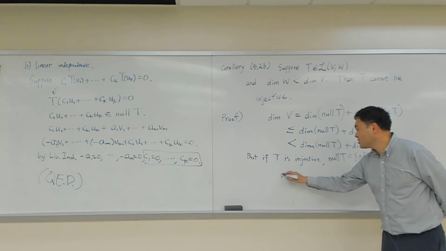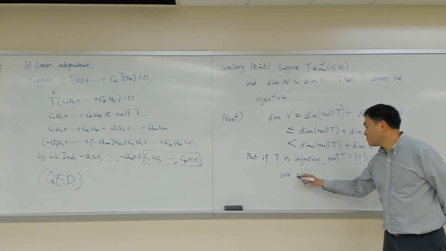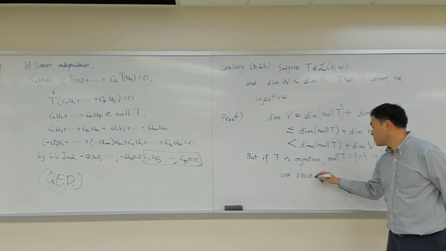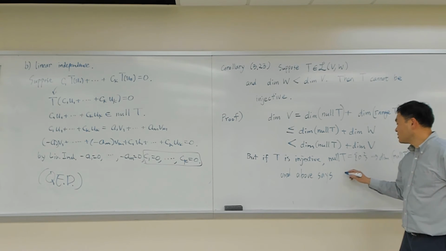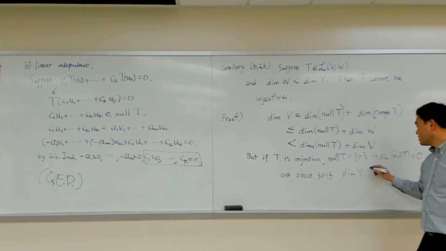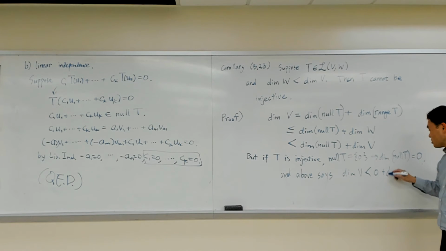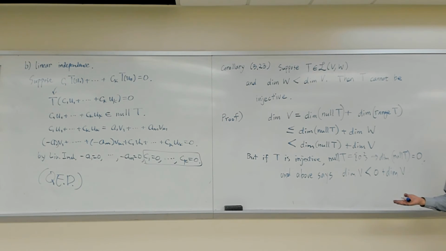And we get the above, and the above says the dimension of V is less than 0 plus the dimension of V, but that's impossible, right? Which is a contradiction.